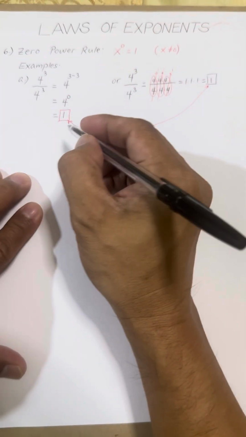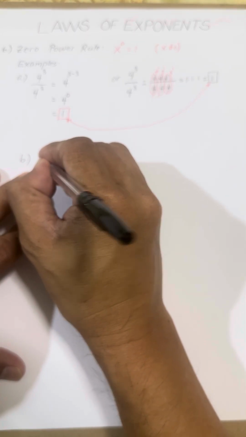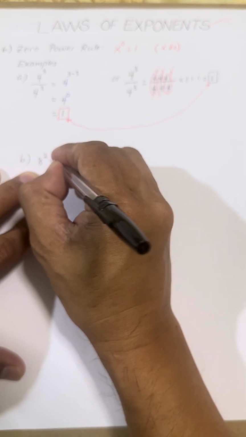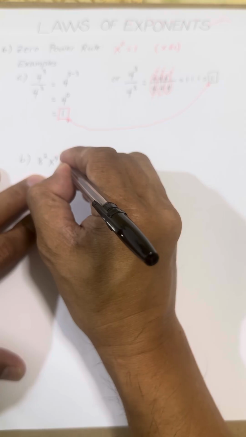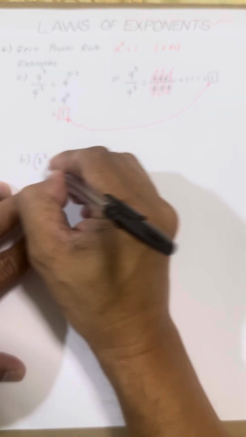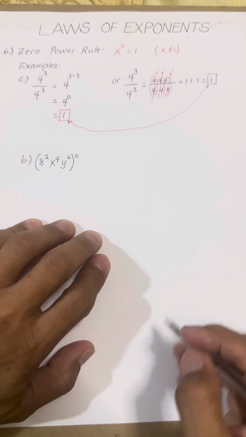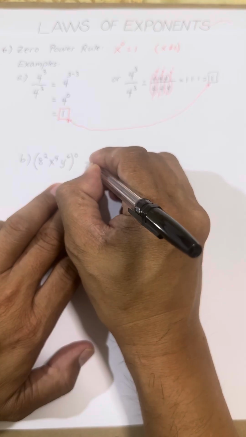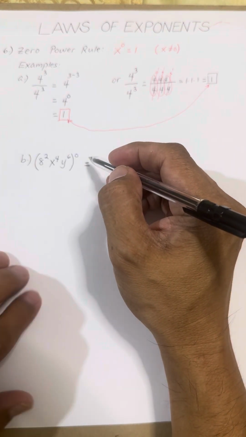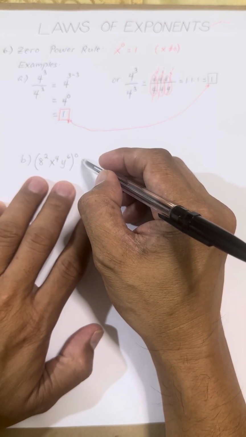Another example, if you are given, say, 8 raised to power 2 times x raised to power 4 times y raised to power 6, then everything raised to power 0. We can do it this way. We can apply the other rule that we have discussed, the power of a product rule.